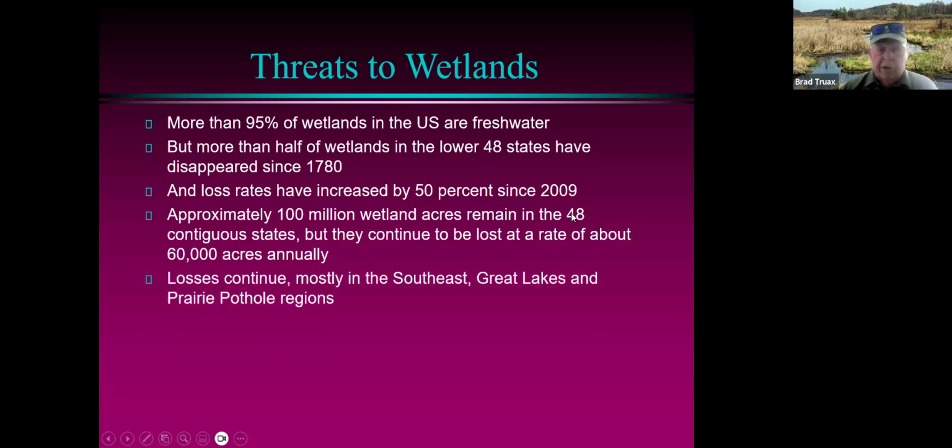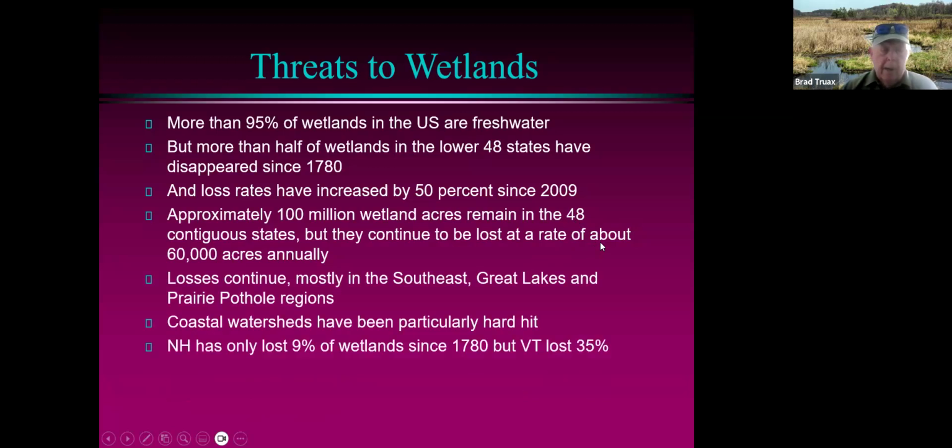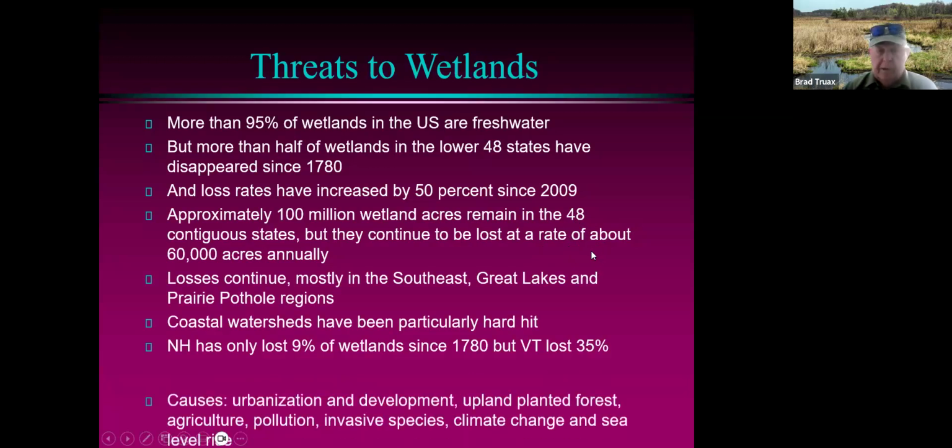And the losses continue mostly in the southeast, in the Great Lakes region, and out in the prairies. Coastal watersheds have been particularly hard hit. Interestingly, New Hampshire has only lost about 9% of its wetlands since 1780, but Vermont has lost about 35%.